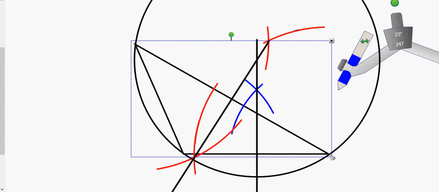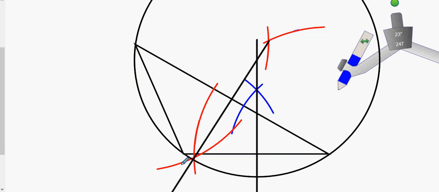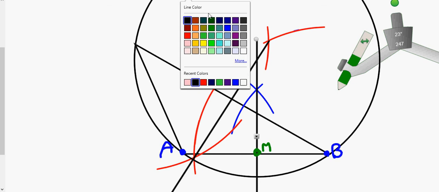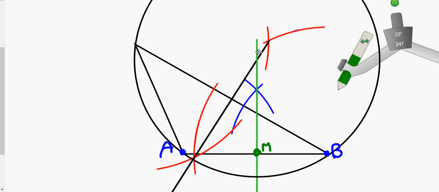The first thing you do, if I give you point A and point B, see point A and point B? If I give you point A and point B, I require you to get the midpoint M. I then require you, once you get the point M, to calculate the equation of the line, the green line here. Ever see that green line? That green line is perpendicular to AB, but it goes through M.